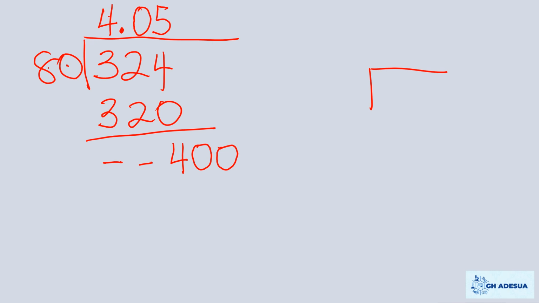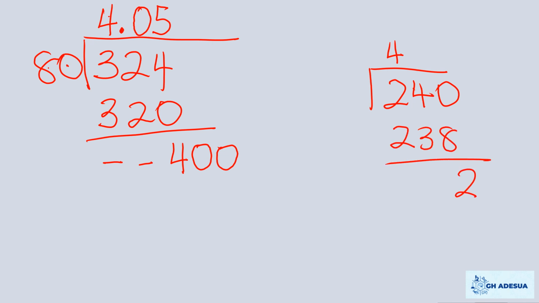You have, say, 4, and then let me say 2240. Then say you have something like 238, and then you have 2 here, right? And then you have 200, no, 2000 rather. And then when you put a decimal, you put a 0, right?